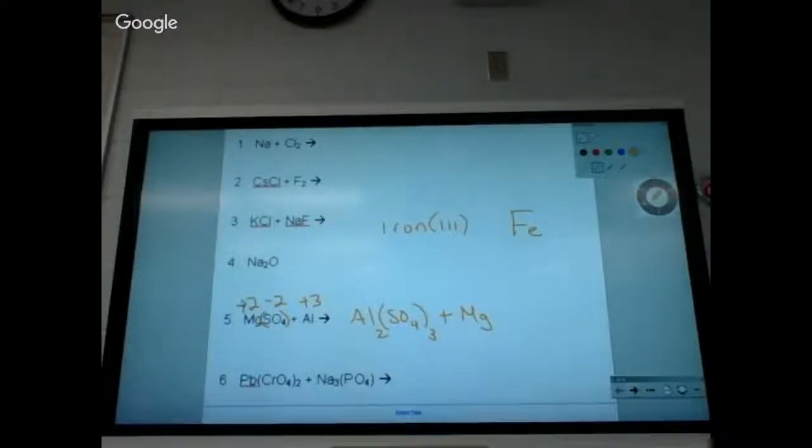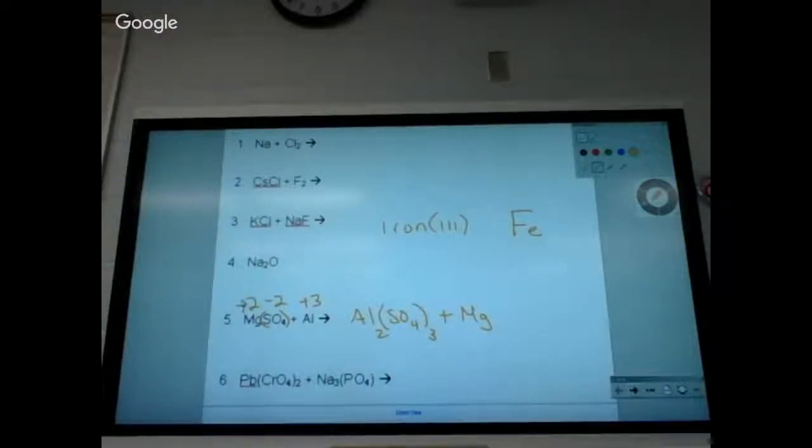What's wrong with number one? Crisscross your oxidation numbers. All right, what is your neutral? Okay, decomposition. Which one does that look like? Out of those choices, which one does it look like? How many capitals do you have?